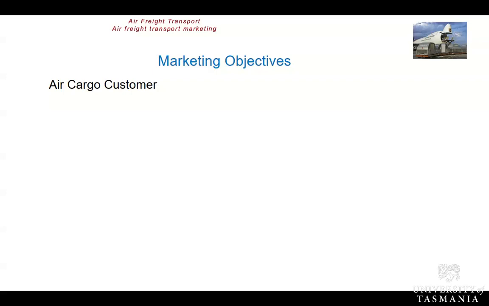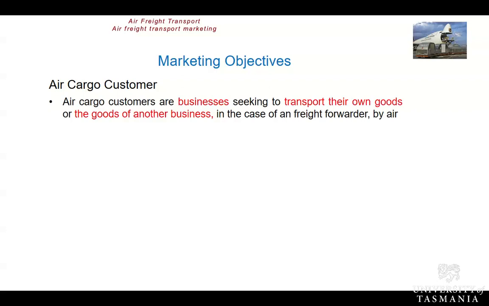So intertwined with this idea of market segmentation is the customer and who the customer is. And essentially the customer for an air cargo carrier is either the person that is shipping the goods, but it could also be the person who is shipping the goods for somebody else, so an intermediary. So there's two options in regards to who the customer is.